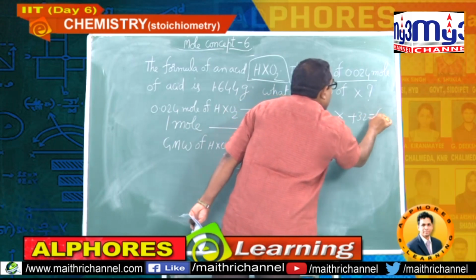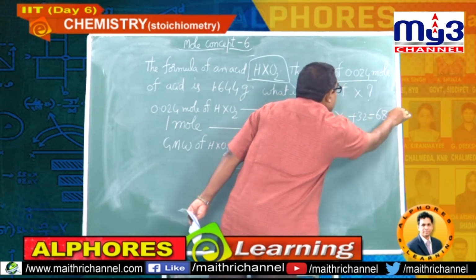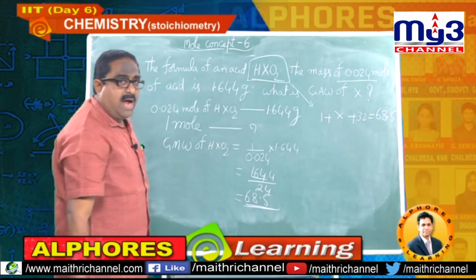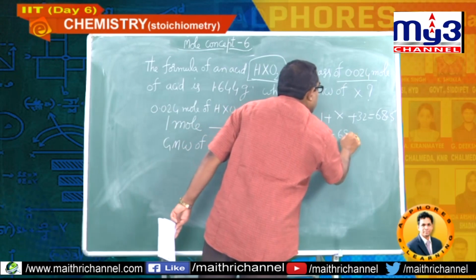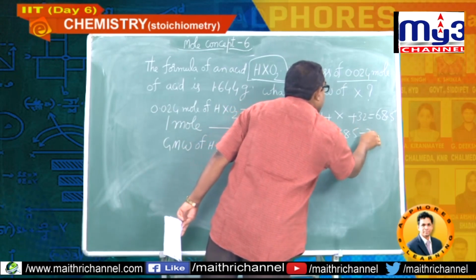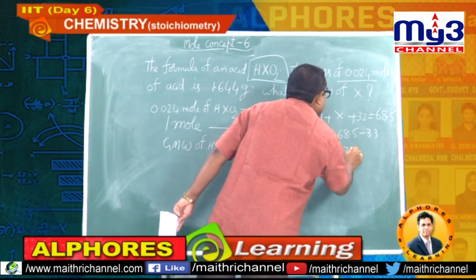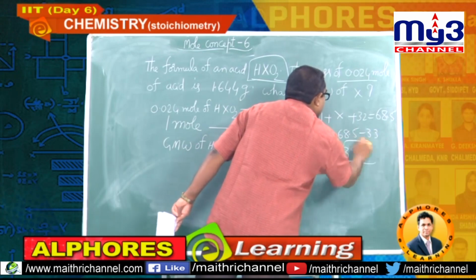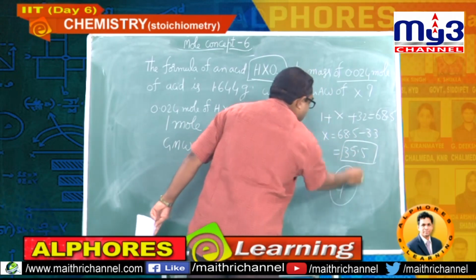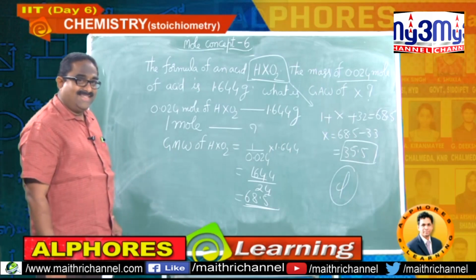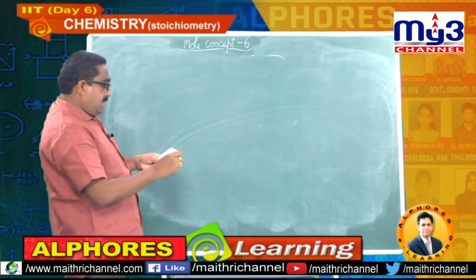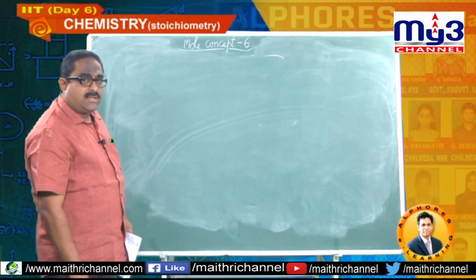That should be equal to 68.5. Now X is equal to 68.5 minus 33, that is 35.5. We know that element is none other than chlorine. Okay, students?